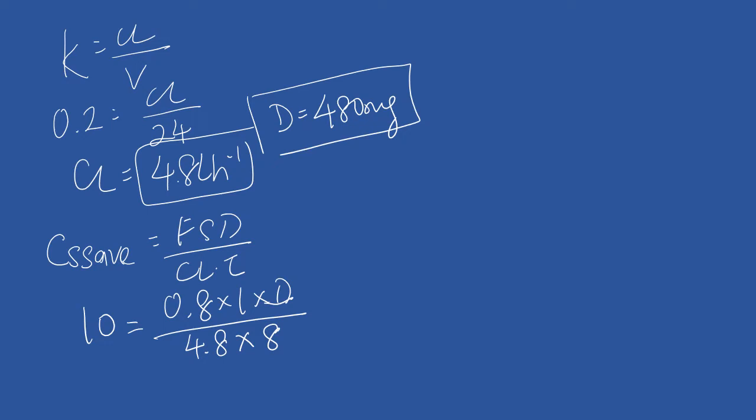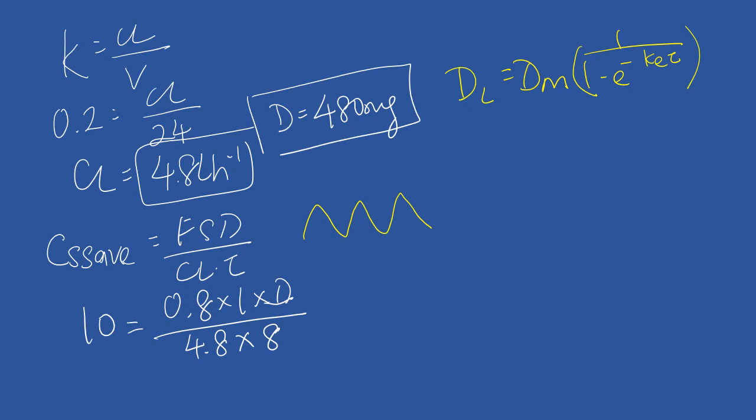The next part of the question, you need to calculate the loading dose in order to achieve the steady state concentration of 10. The equation for the loading dose will be DL equal to DM times 1 over 1 minus e^(-Ke·tau). The concept of the loading dose is, let's say this is the steady state. You have the peak and then the trough. Somewhere here with the average is the Css average concentration.